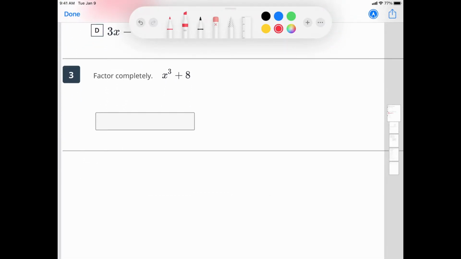Okay, so question number 3 here. I have only 2 terms. Okay, so your choices are the difference of squares or the difference of cubes or the sum of cubes.